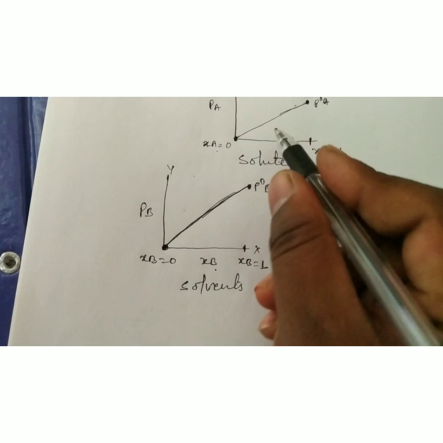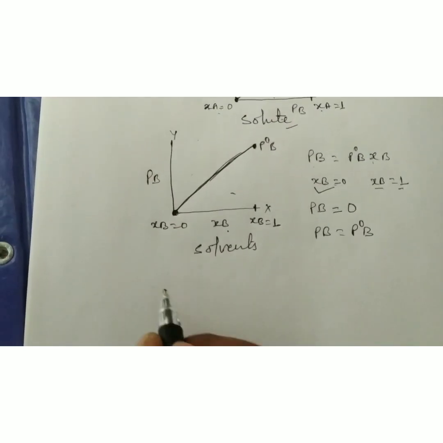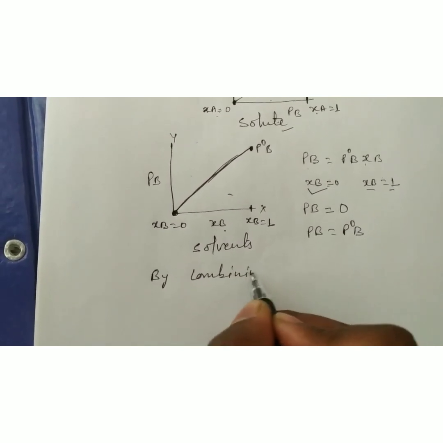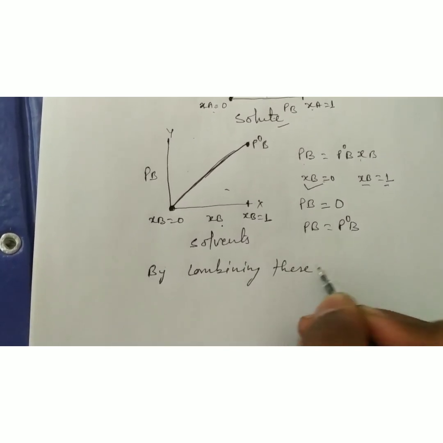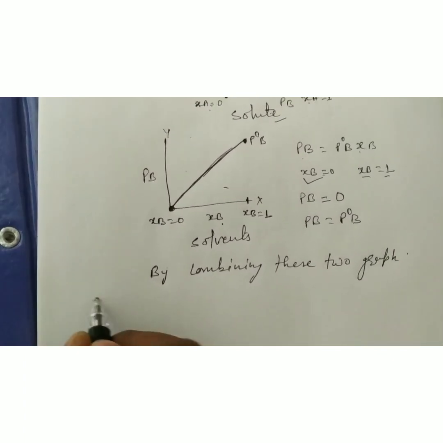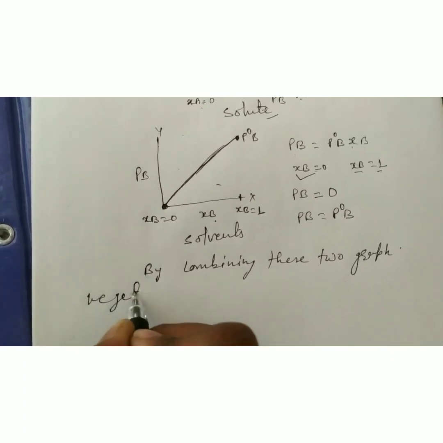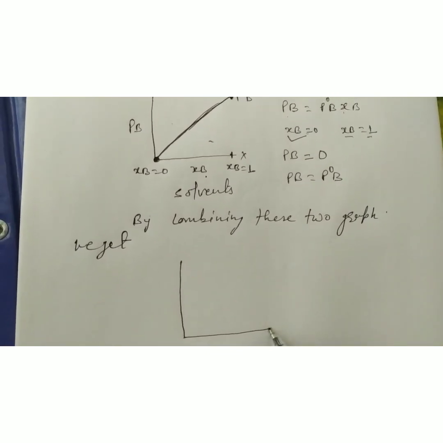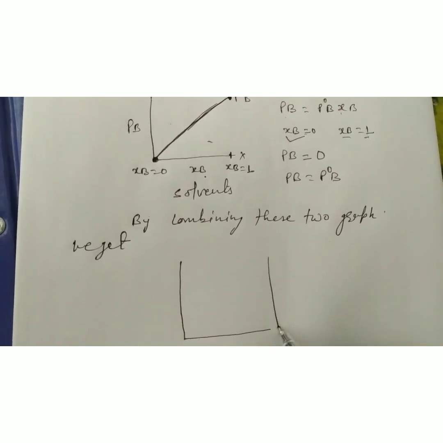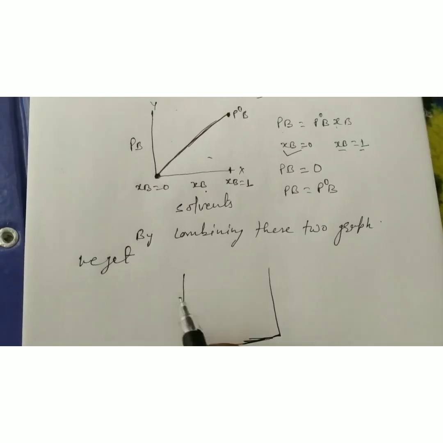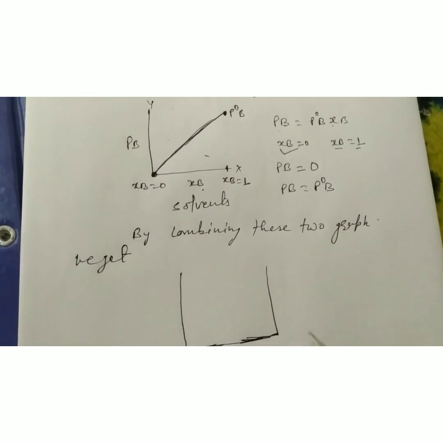By combining the two graphs, we get this: the representation of A and the representation of B. So, this is the x-axis for B and this is the x-axis for A. Okay?